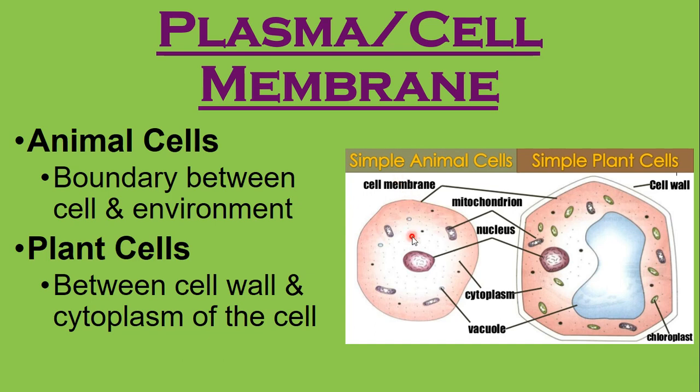In plant cells, it is between the cell wall and the cytoplasm. So you have the cell wall, then the plasma membrane, then the rest of the cell. We're not going to talk about prokaryotic cells, but it's more like an animal cell, except animal cells have more organelles.